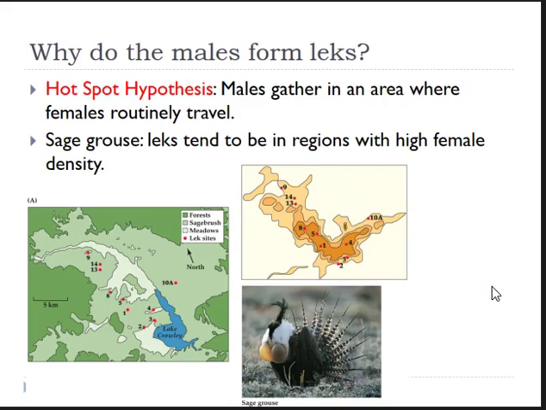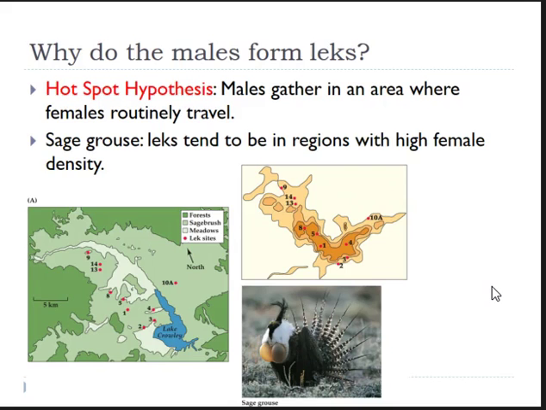But if you map this on as far as where females actually are, so here's sort of a geographical map of this entire area around Lake Crowley, wherever the heck that is. Each of these red dots is a different lek that exists, where you'll have a congregation of males. And so the hot spot hypothesis would predict that males will tend to form leks in areas where females are fairly abundant.